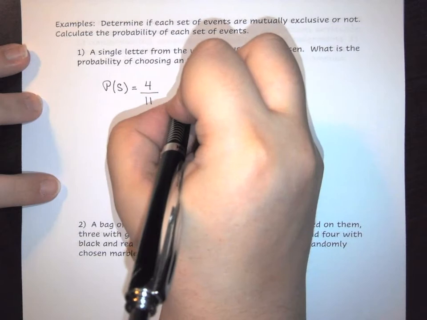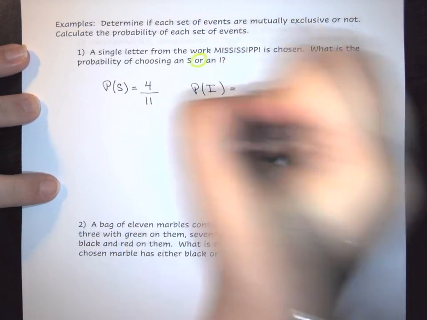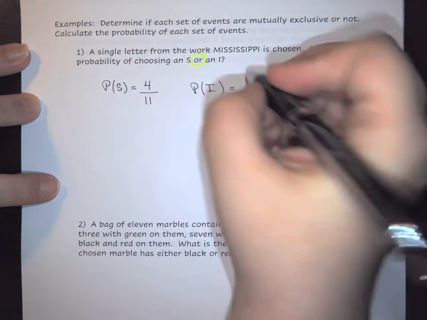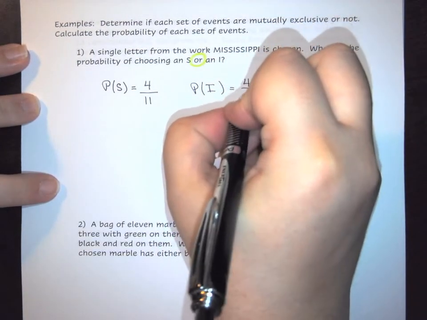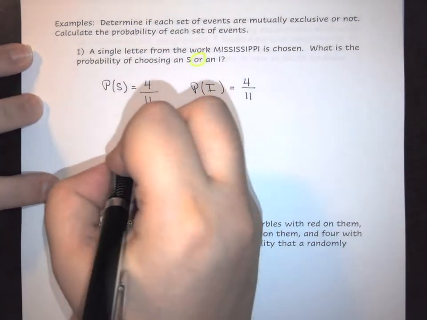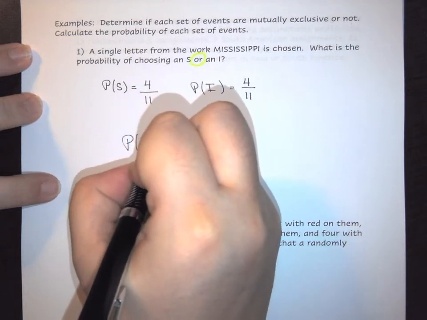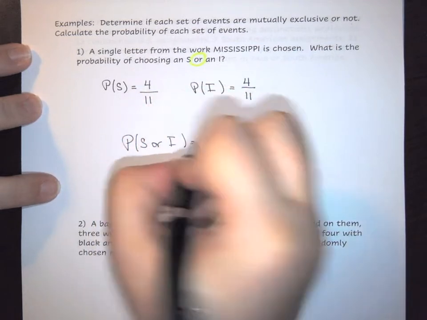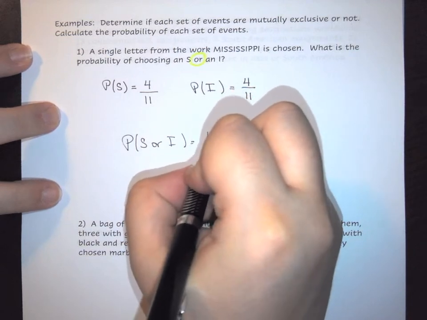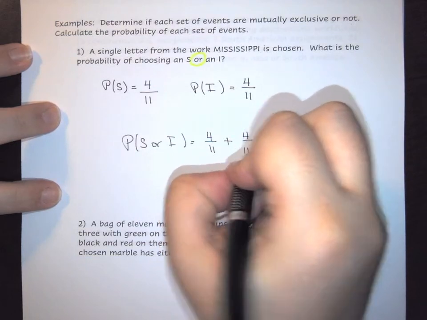Now I have to do the same thing for my probability of finding an I. Again, I need to count the I's. 1, 2, 3, 4. So in this case, I'm still going to be 4 out of 11. So my addition principle says I'm looking for the probability that I'm going to have an S or an I. This is going to be the probability of S, so 4 out of 11, plus the probability of I, 4 out of 11.